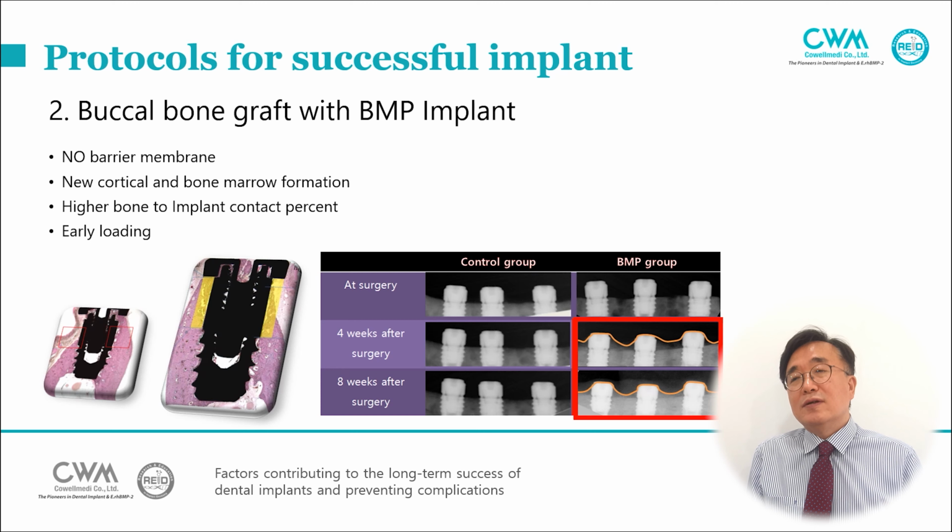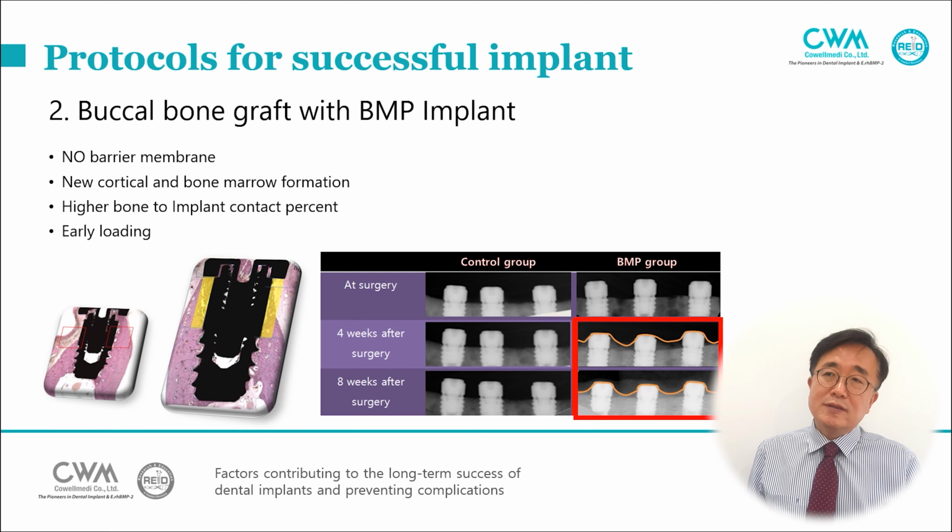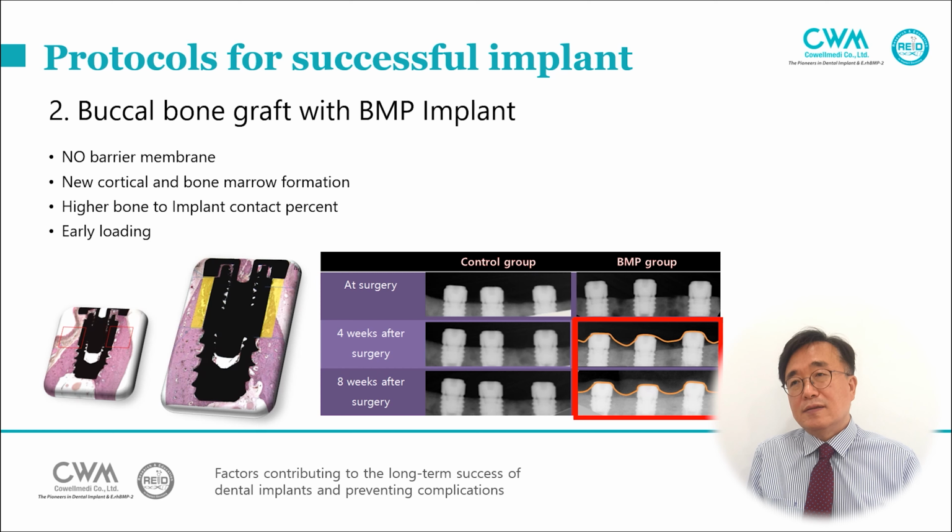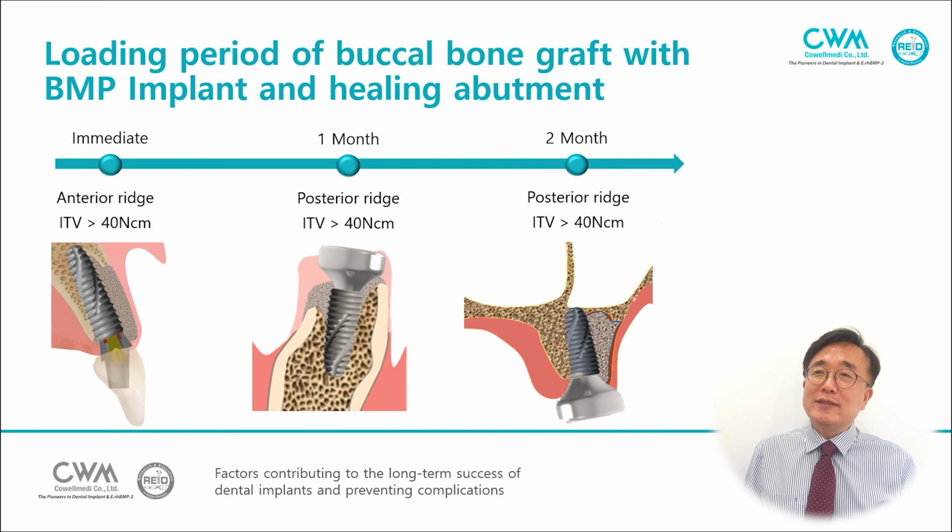So we can do early loading. So we have a lot of improvement in this result. The loading period is shortened by the buccal bone graft with BMP implant and healing abutment.